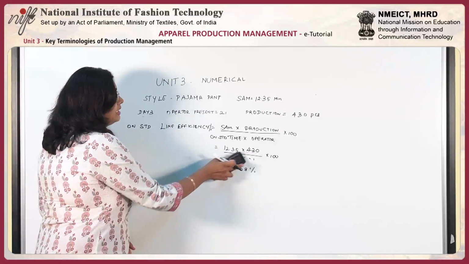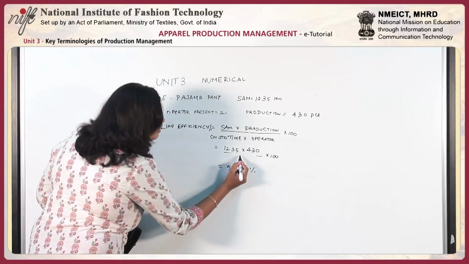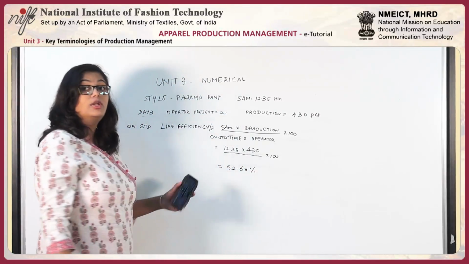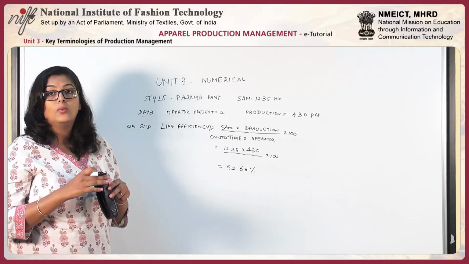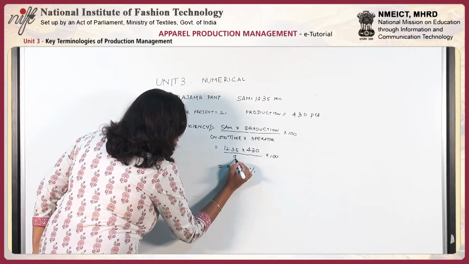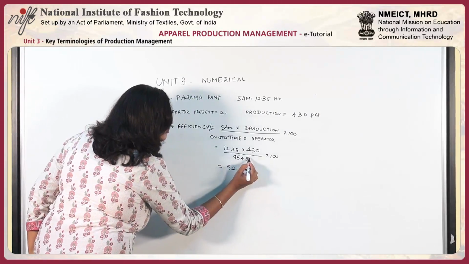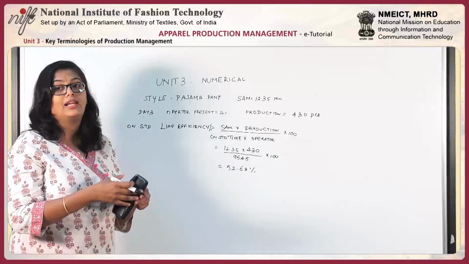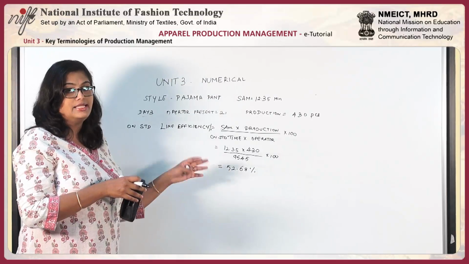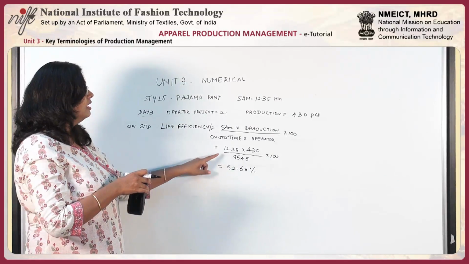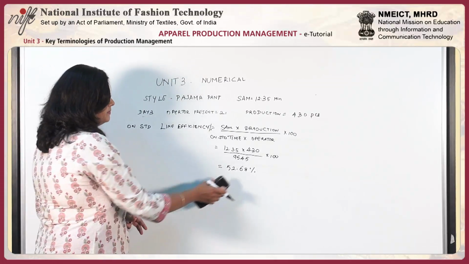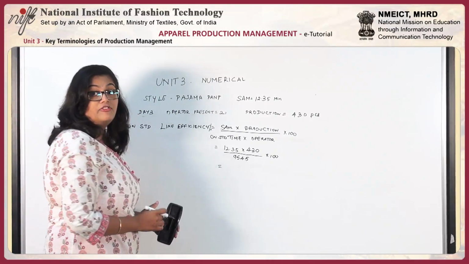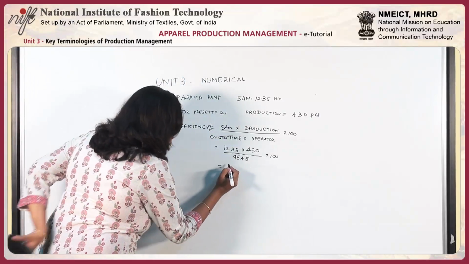So here everything remains the same. We've already calculated the on standard man minutes for 21 operators, which is 9545, correct, which we've just calculated in the previous step. So when we do this, the on standard efficiency comes to 55.65%.